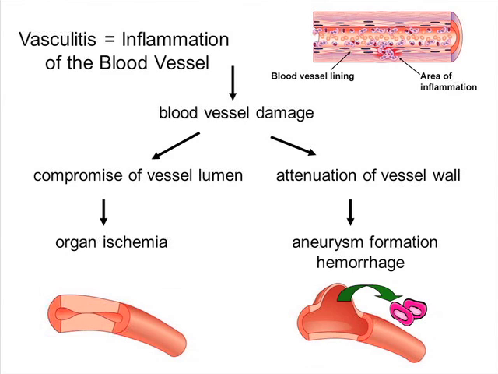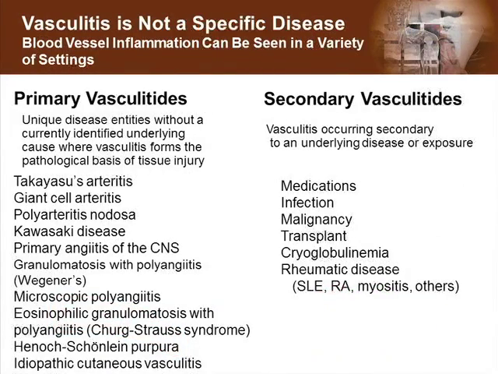When this occurs, blood vessel damage can ensue, either as a result of compromise of the vessel lumen resulting in organ ischemia, or potentially from thinning and attenuation of the vessel wall leading to aneurysm formation, or to breach of the vessel wall with hemorrhage into the surrounding tissue.